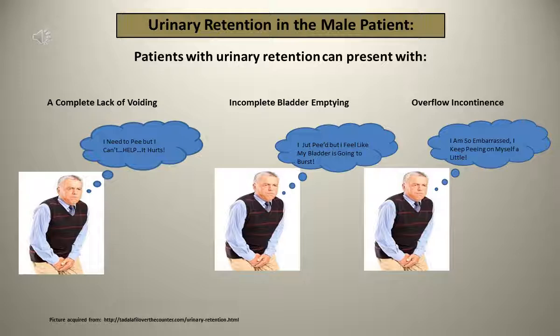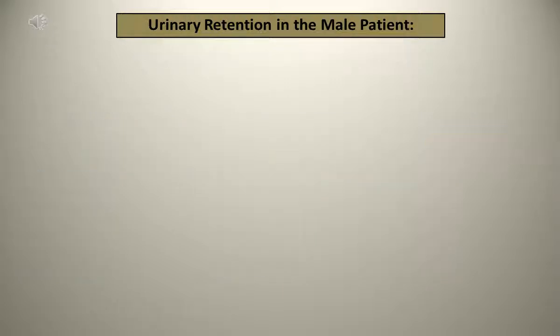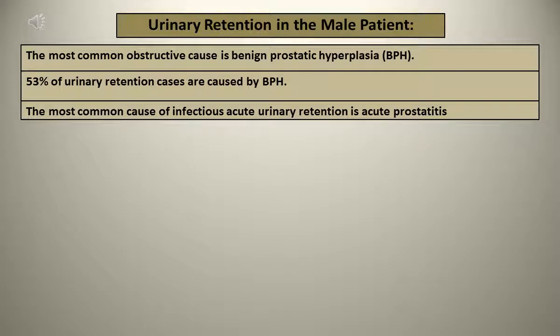Causes are numerous and can be classified as obstructive, infectious and inflammatory, pharmacological, neurological, or other. The most common obstructive cause of urinary retention in men over 50 years of age is benign prostatic hyperplasia.